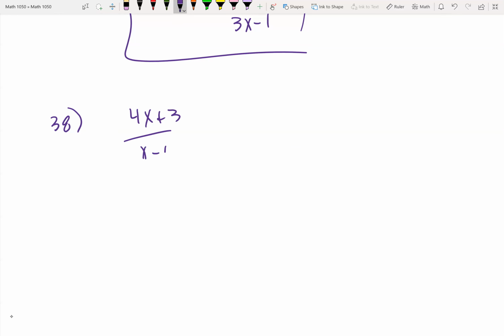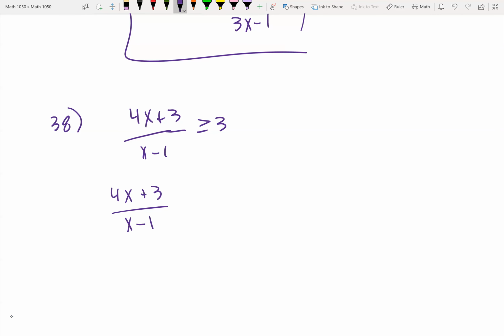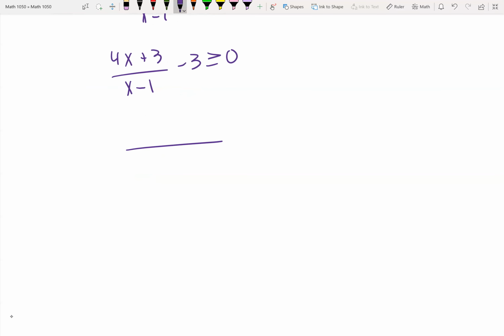This is a critical numbers type 2. So step 1, pull your 3 over, set it equal to 0. So I have (4x plus 3) over (x minus 1) minus 3 is greater than or equal to 0. Step number 2, get a common denominator, which is x minus 1. So this guy right here has the x minus 1, so I'm going to write 4x plus 3.